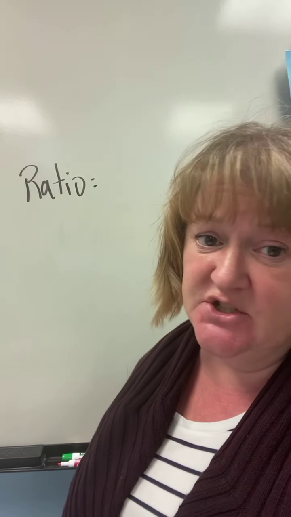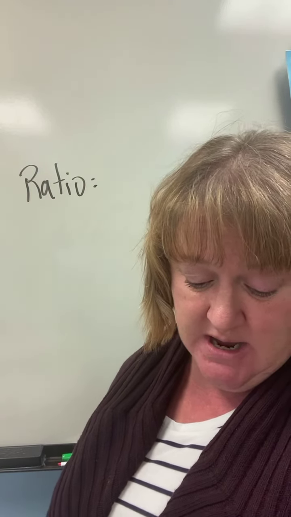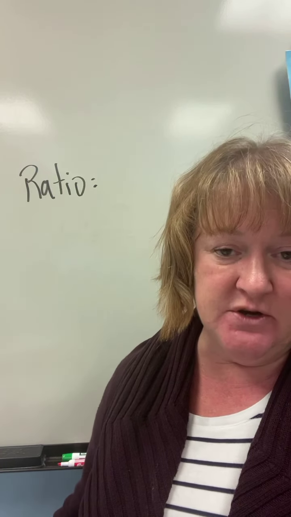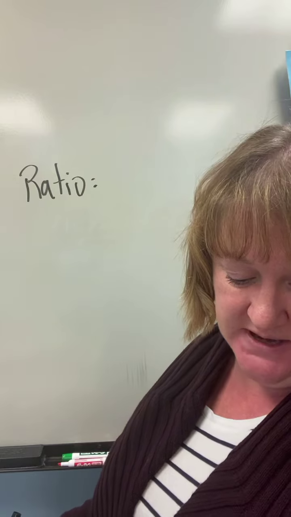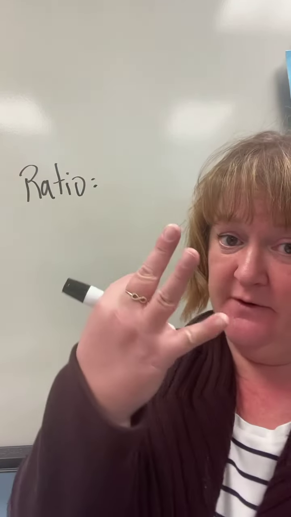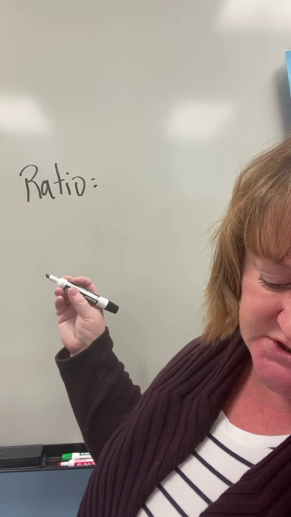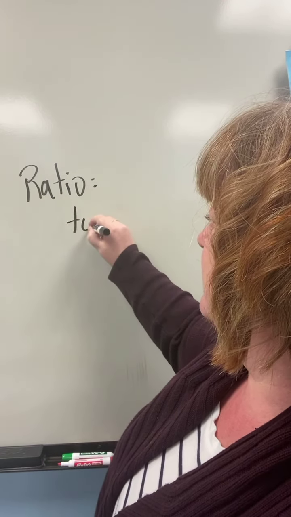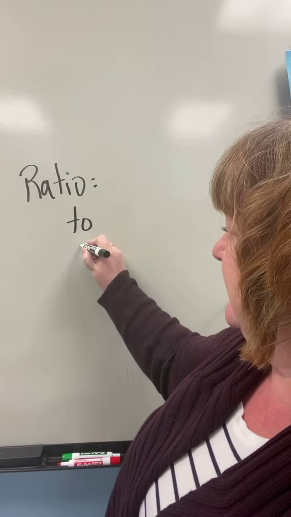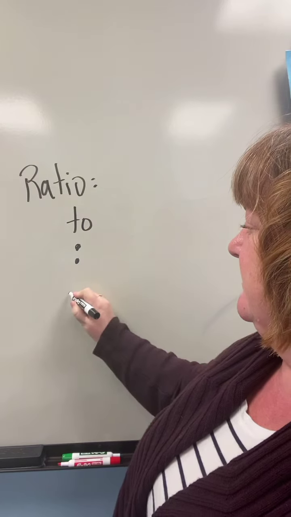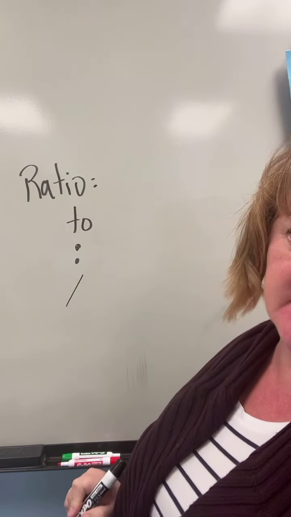So a ratio is just simply a relationship for 2 different units, and those 2 different units, we call those terms. Okay, so we can do it in 3 different ways. We can do a ratio with the word to. We can do the ratio with the 2 dots, and we can do the ratio with a fraction.